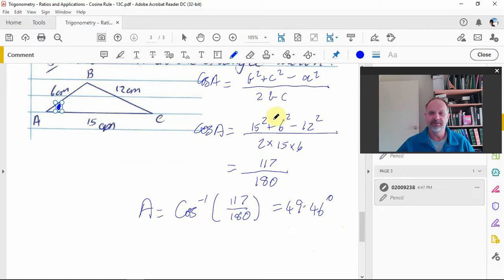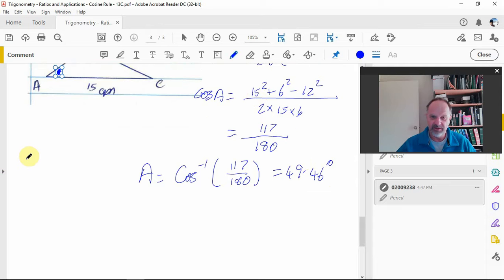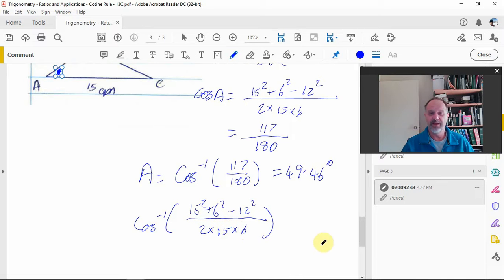Now, having said that, you don't have to work this out first. Your calculator would be just as happy if you put the whole expression in, again using your templates and all the rest of it. So you didn't have to work that out there if you like.